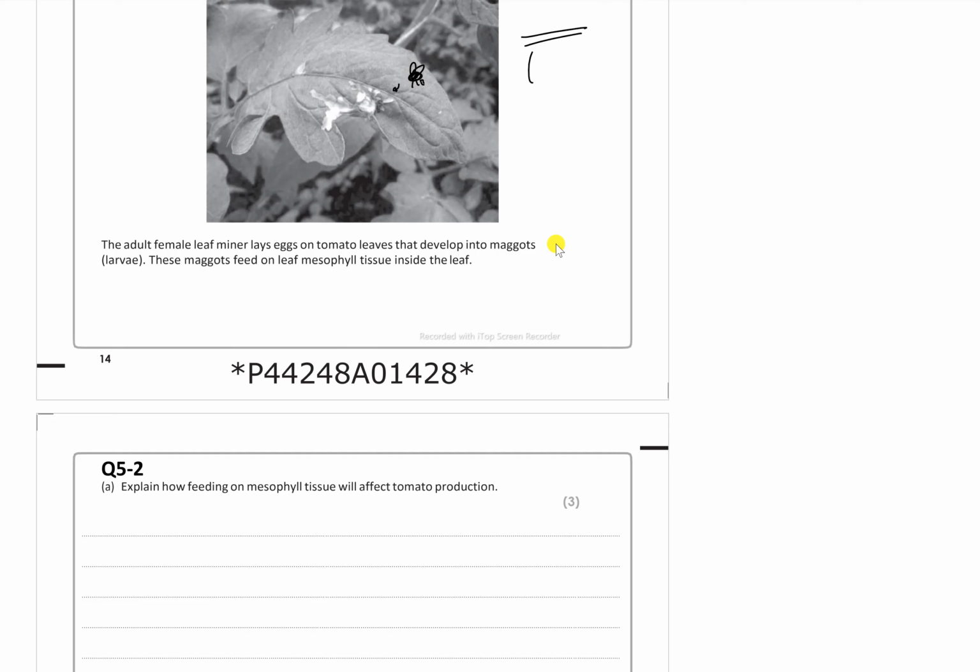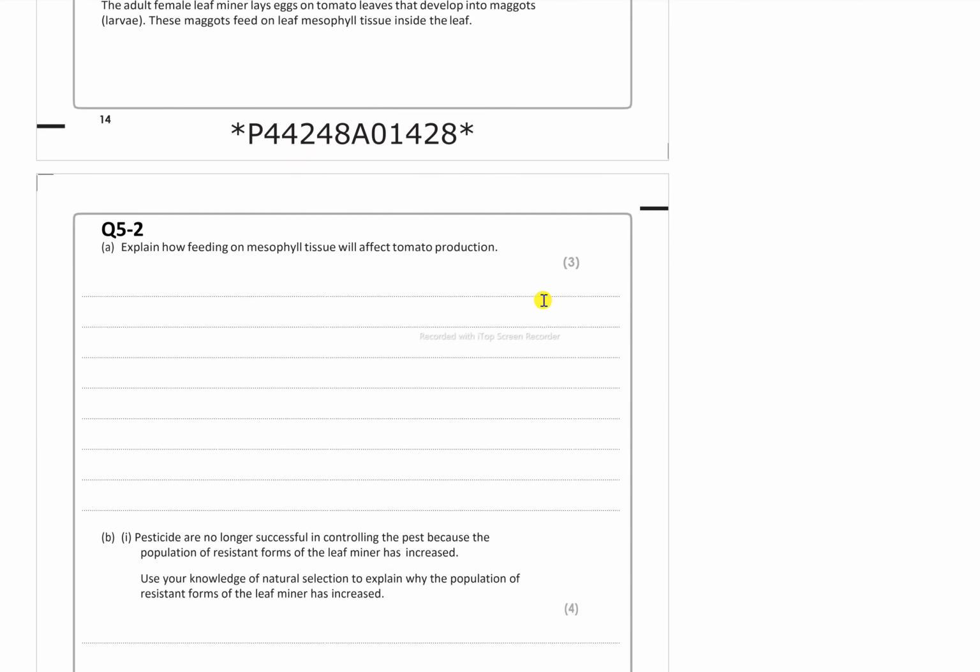So look, you've got your palisade layer, you've got your spongy mesophyll layer, and then you've got your epidermis, upper and lower epidermis. So it'll come in and lay the eggs here, right, and then it'll disappear. Skedaddle. Right. Number 3.